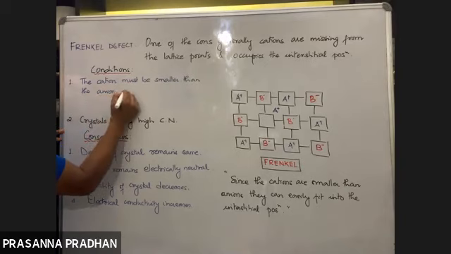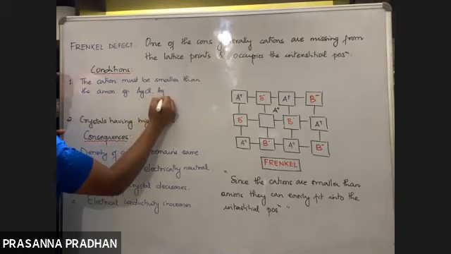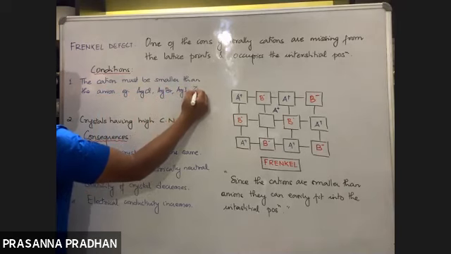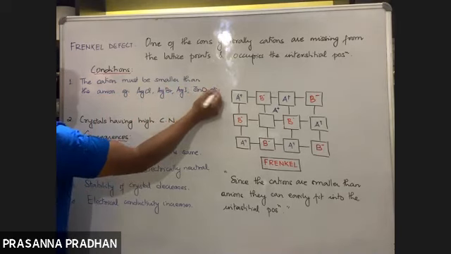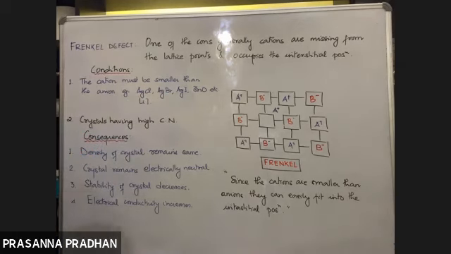Examples: silver halides, say silver chloride, silver bromide, silver iodide, zinc oxide, etc. Say lithium iodide, where there is a vast difference in size between lithium and iodine.